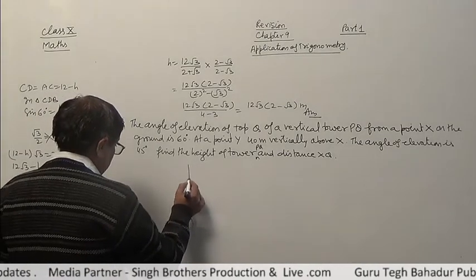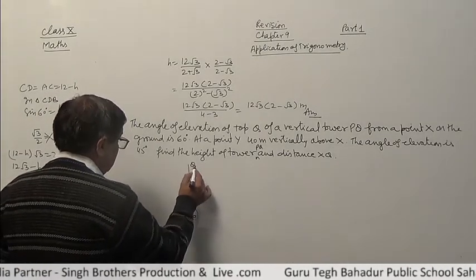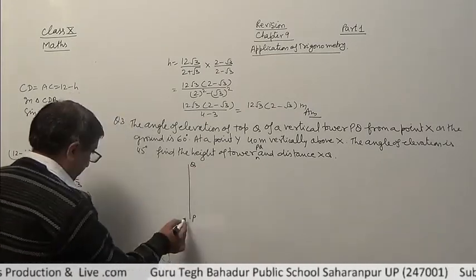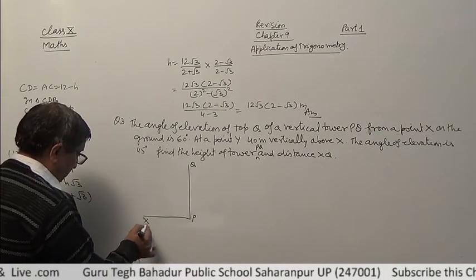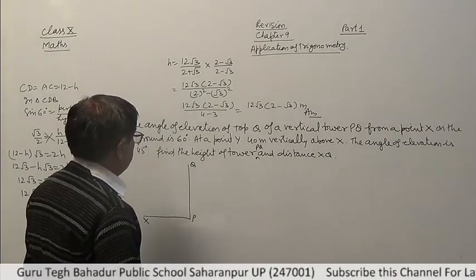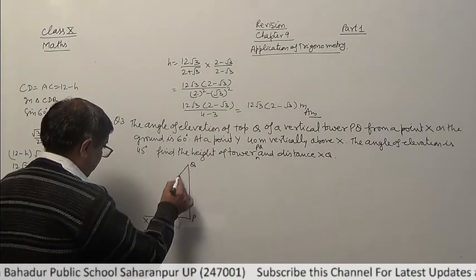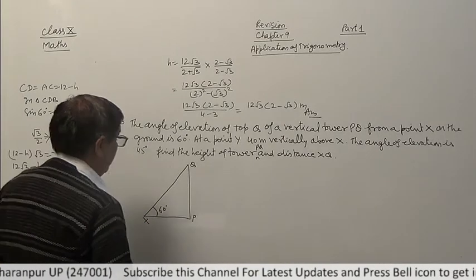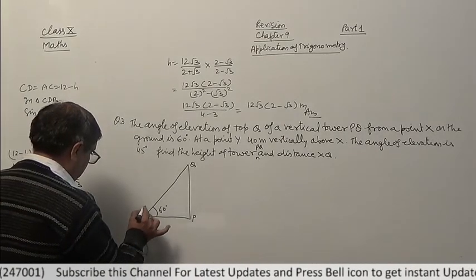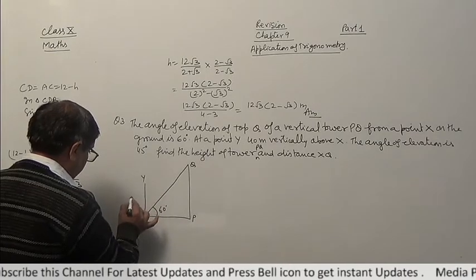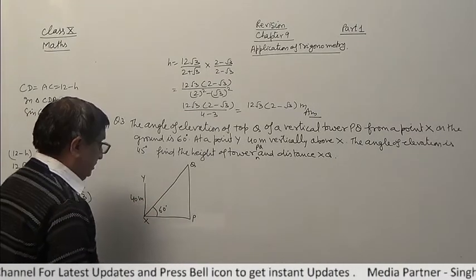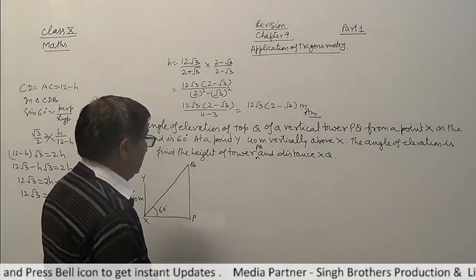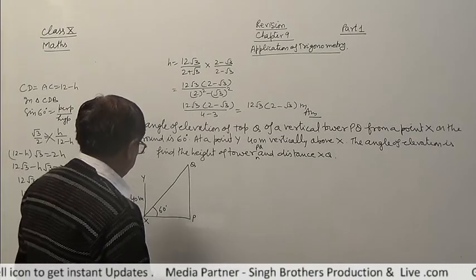This is your tower PQ. This is the top point. This is the point X on the ground, which is 60 degree. A point Y 40 meter above, this is Y 40 meter above X, the angle of elevation is 45 degree.